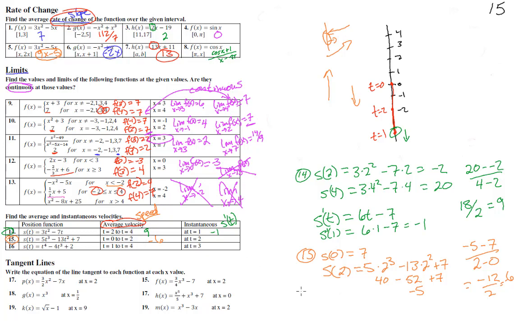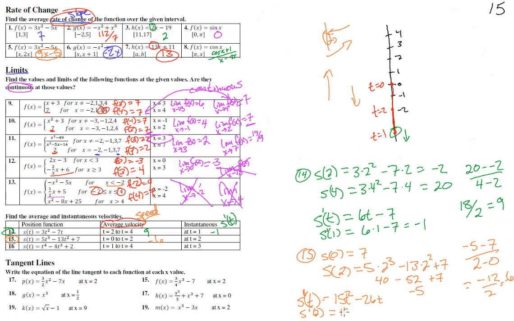So instantaneous at t equals 2. So we're going to take s primed of t, and that is, let's do this rule, 3 times 5 is 15t squared, minus 2 times 13 is 26t, plus 7, that goes down to 0. So now let's stick in s primed of 2. So this is what we want, where t equals 2.